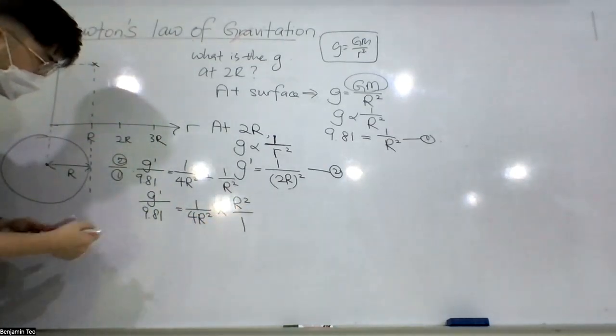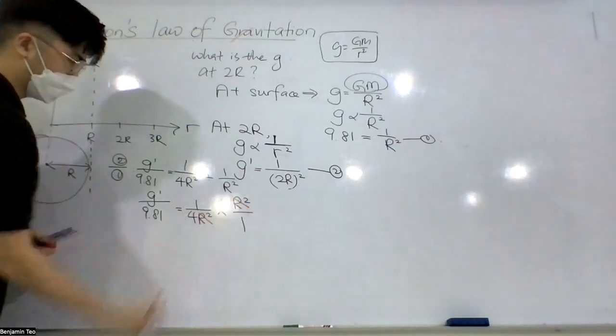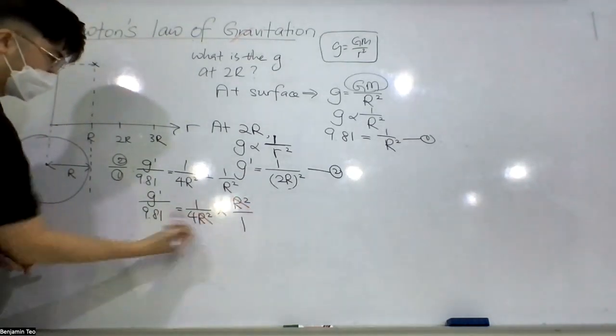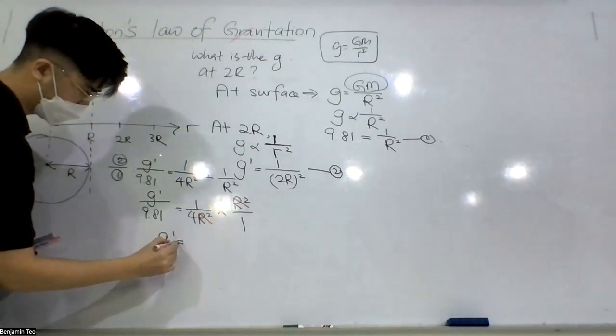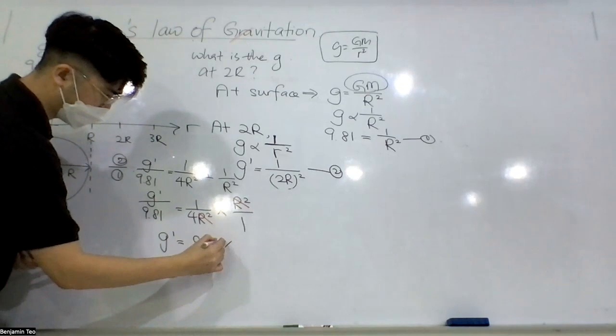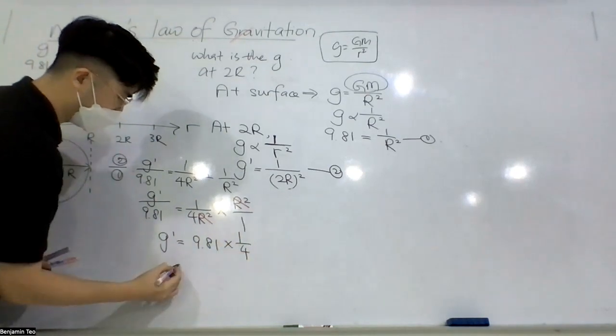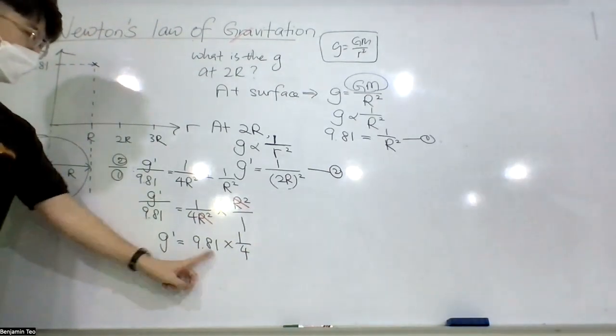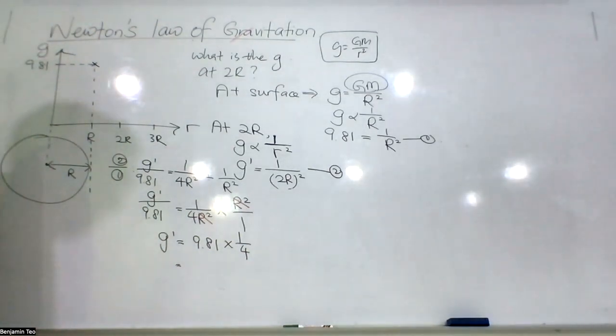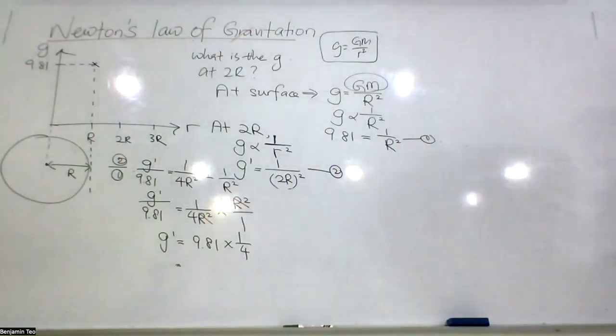Cancel, cancel. This is 1 over 4. So g equals 9.81 times 1 over 4. Okay, so a factor of 4. At 2R, my g becomes 1/4.